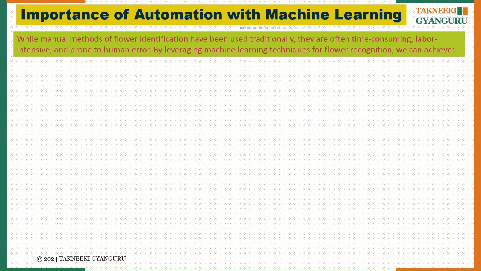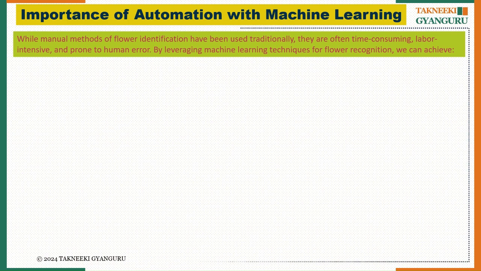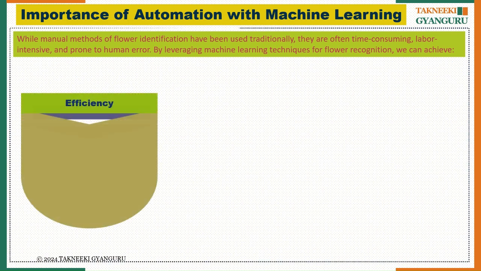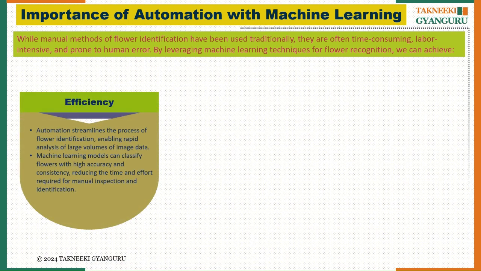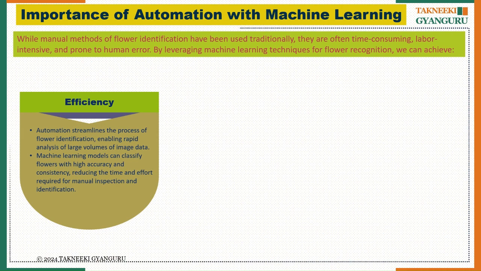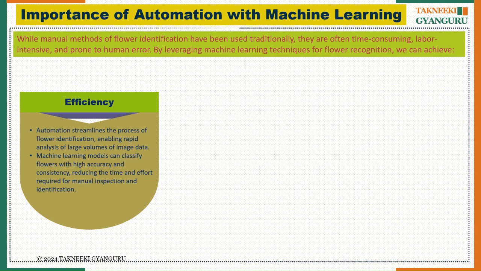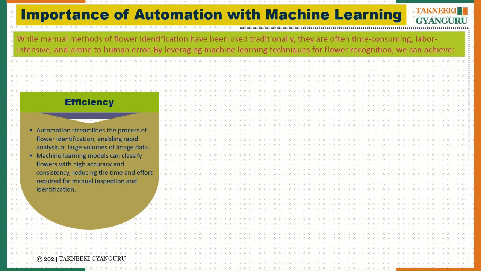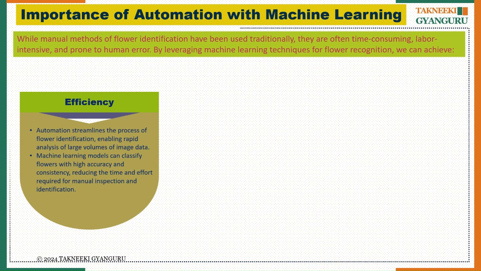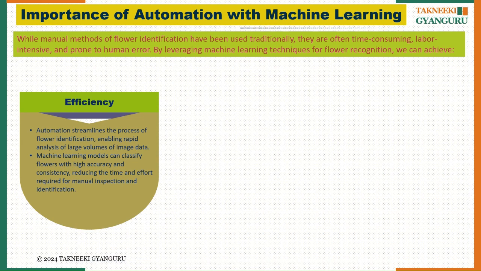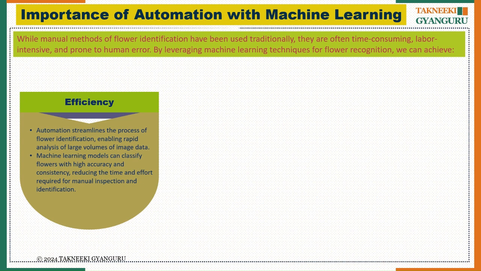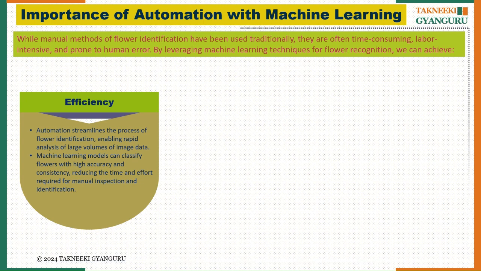By leveraging machine learning techniques for flower recognition, we can achieve efficiency. Automation streamlines the process of flower identification, enabling rapid analysis of large volumes of image data. Machine learning models can classify flowers with high accuracy and consistency, reducing the time and effort required for manual inspection and identification.